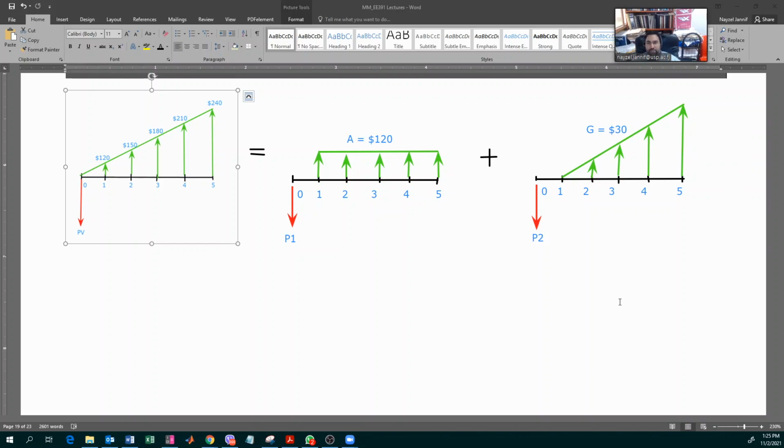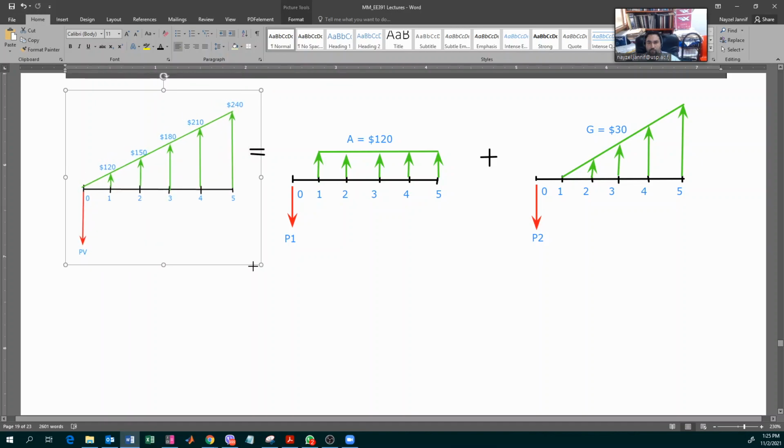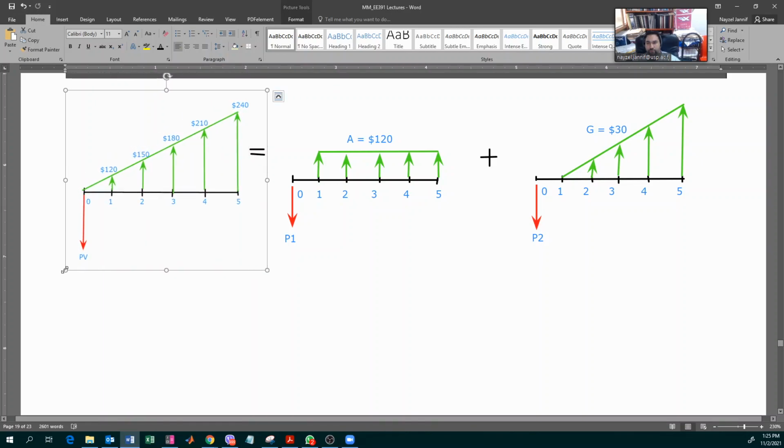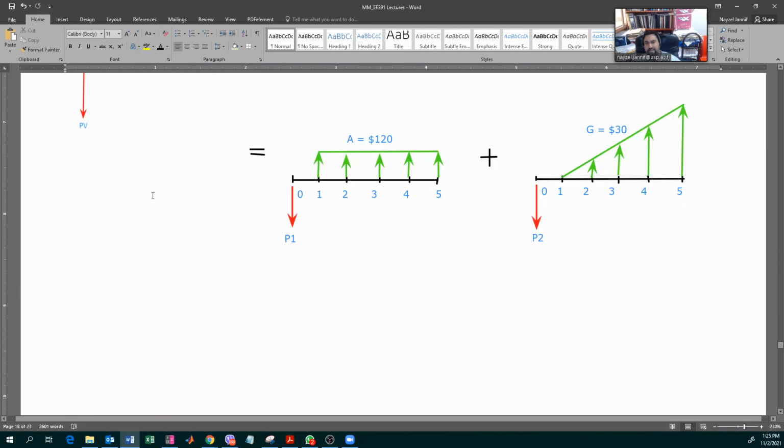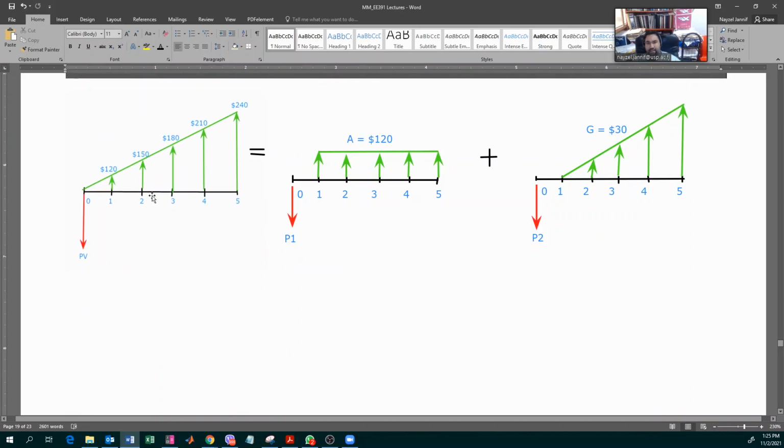Now, I want you to see what I've done over here. I want you to take note of what we are trying to do, what I'm trying to show you in this particular case. All right. So can you see this original diagram? What was the problem? The problem is that it was starting at 0.